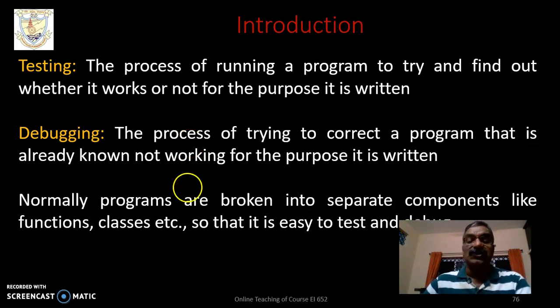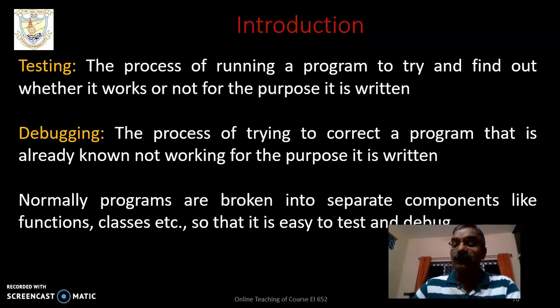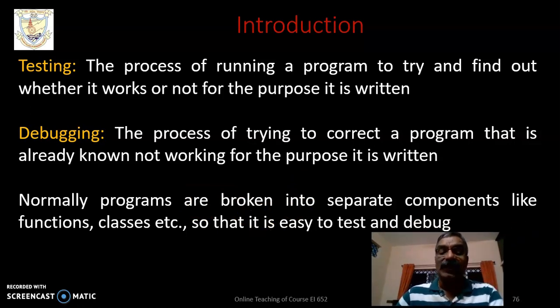So stage by stage. Normally programs are broken into separate components that we know, like functions, classes, structures, etc., so that it is easy to test and debug. So normally instead of testing the whole program, some parts of the program like functions and classes are tested.